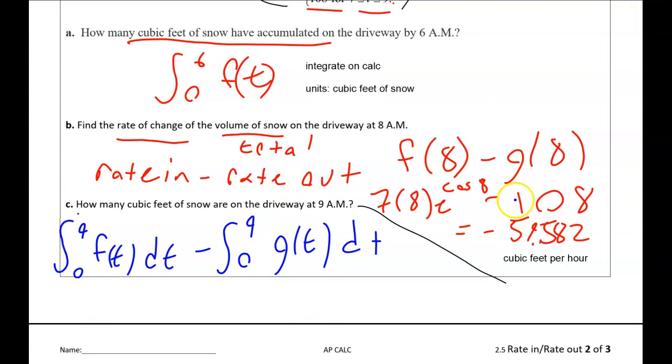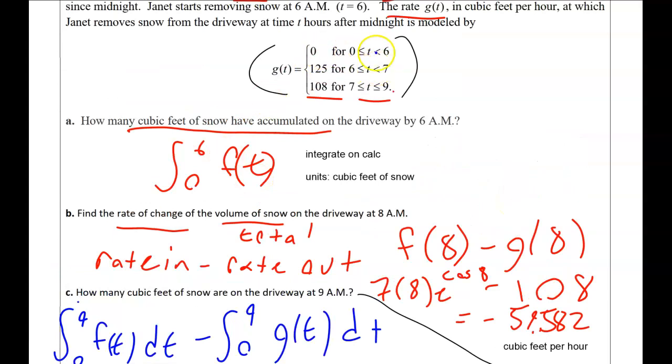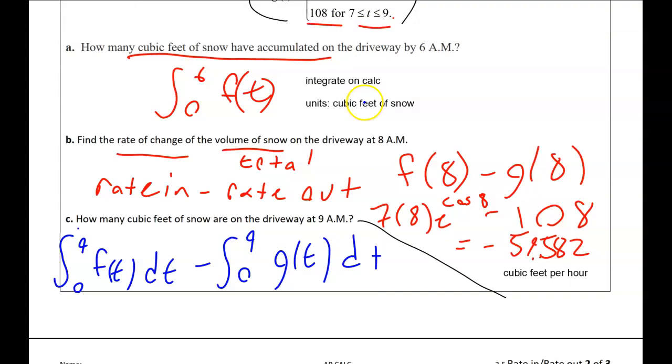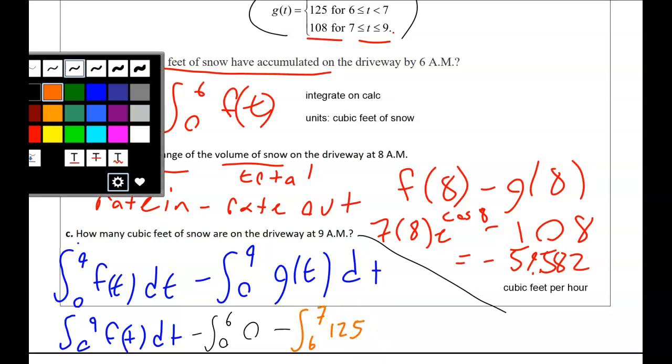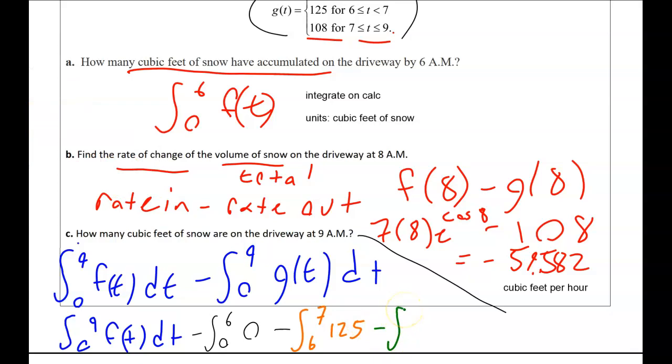Okay, so the way this will look, because we have this piecewise function, is we'd have the integral from 0 to 9 of f of t dt minus the integral from 0 to 6 of 0, minus, you will see the pattern here quickly, I think, the integral from 6 to 7 of 125, minus the integral from 7 to 9 of 108.